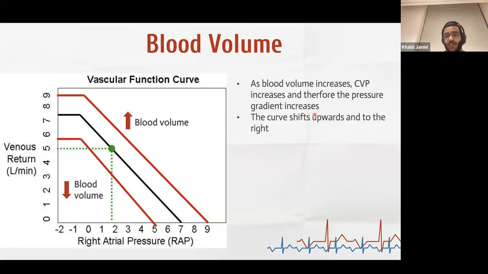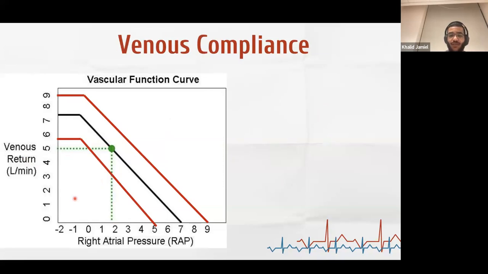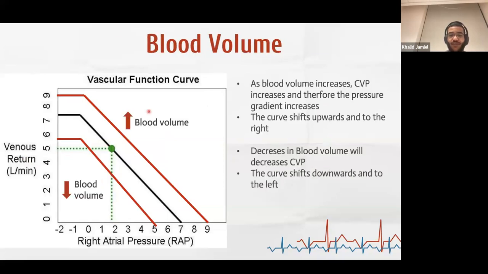As the pressure gradient increases, the venous return will increase, and therefore the curve shifts upwards and to the right. And a decrease in blood volume will have the opposite effect. It will decrease central venous pressure. The curve shifts downwards and to the left. All clear?